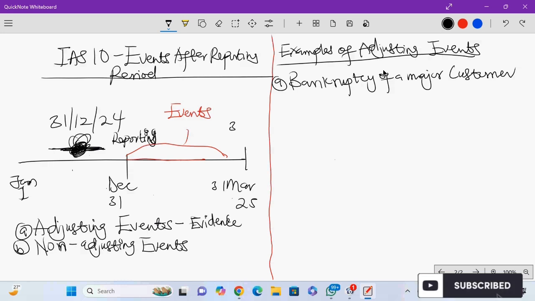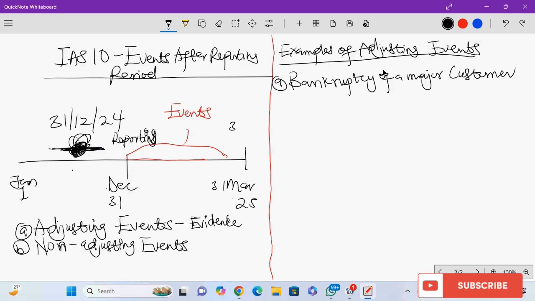So when this customer goes bankrupt, you might see from the trade receivables in your financial statement, under current assets, that this particular customer is not trying to pay their debt. You see, the debt in the trade receivables keeps increasing, so that there is a loss at the reporting.